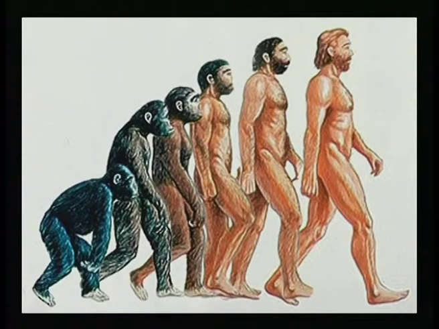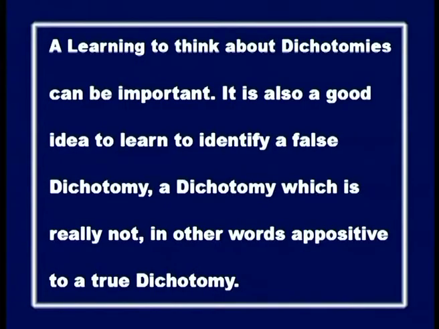Dichotomies are used in a number of ways and in an assortment of fields, from philosophy to biology. Learning to think about dichotomies can be important. It is also a good idea to learn to identify a false dichotomy, a dichotomy which is really not one. In other words, the opposite of a true dichotomy.